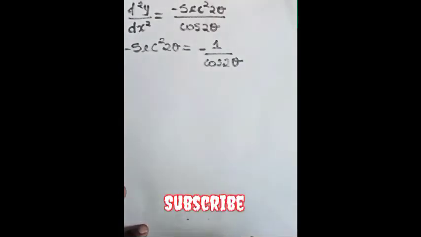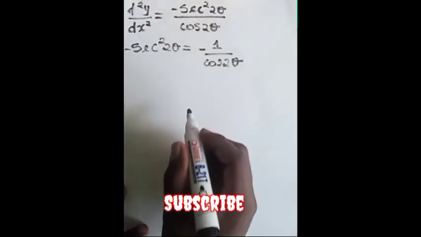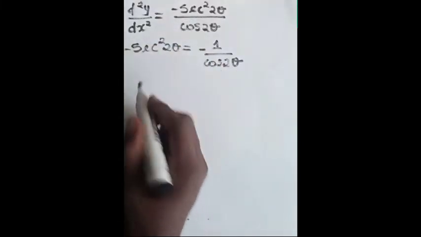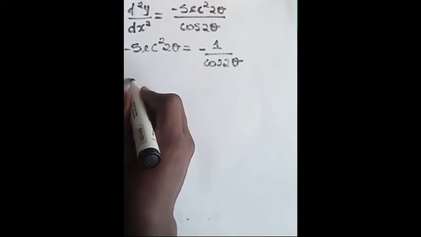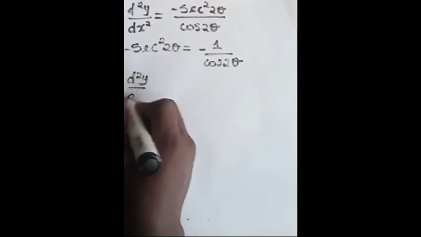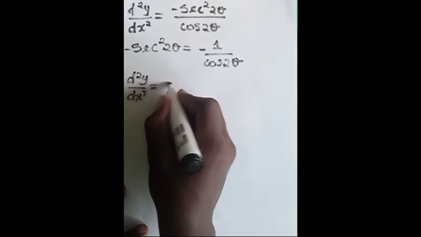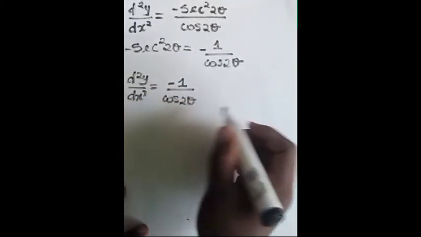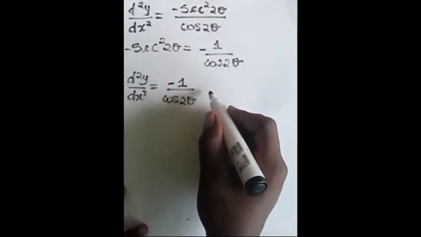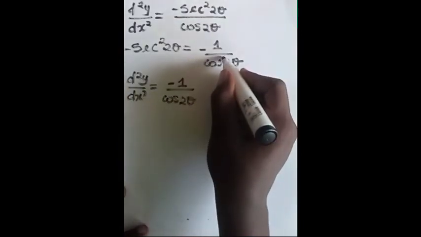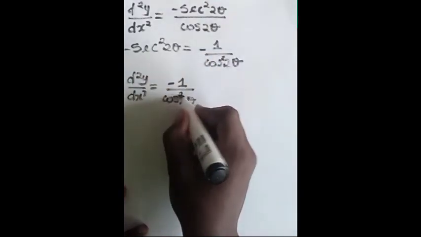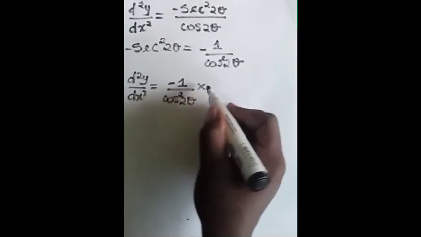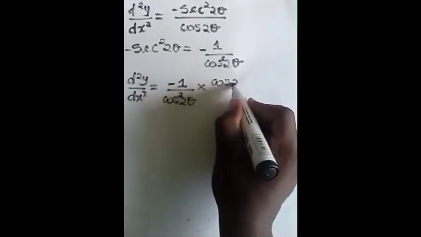So now we're left with dividing it by cos 2 theta, which gives d²y/dx² equals negative 1 over cos squared 2 theta, all over cos 2 theta.